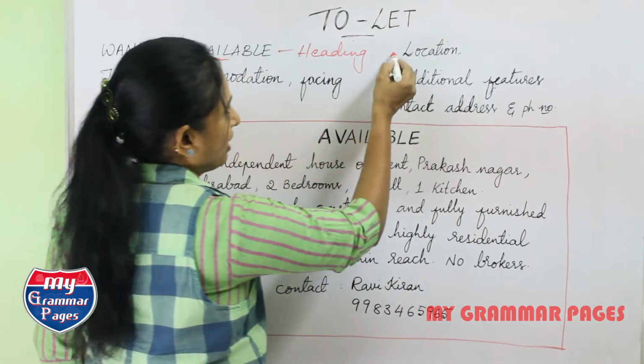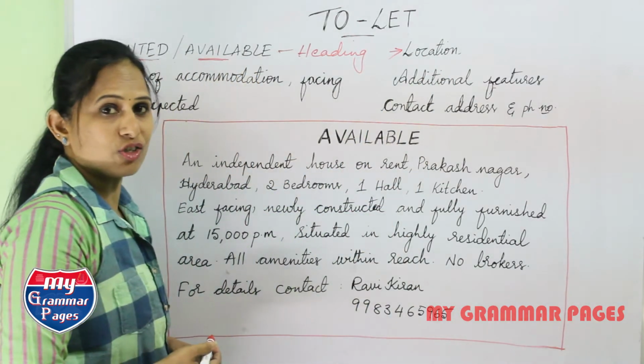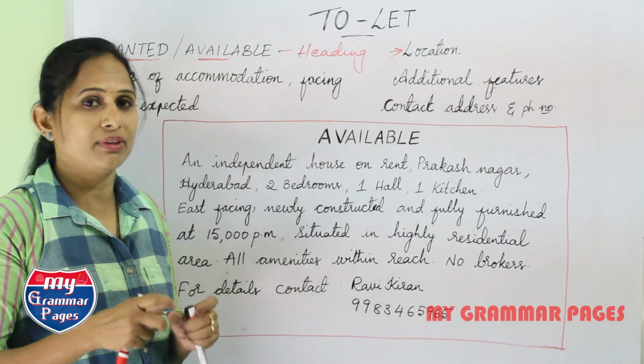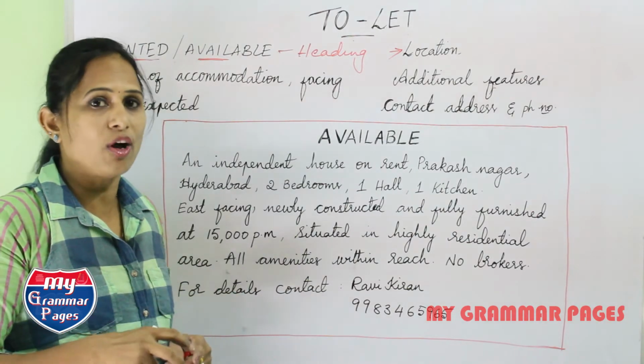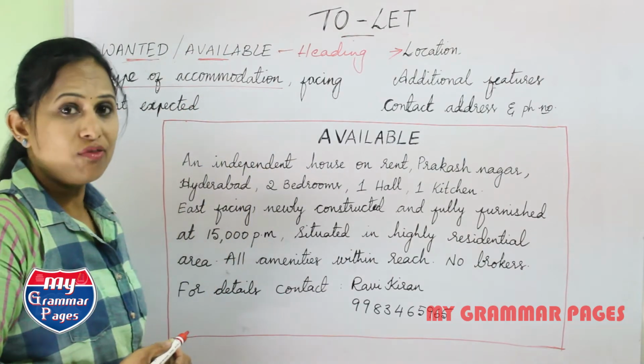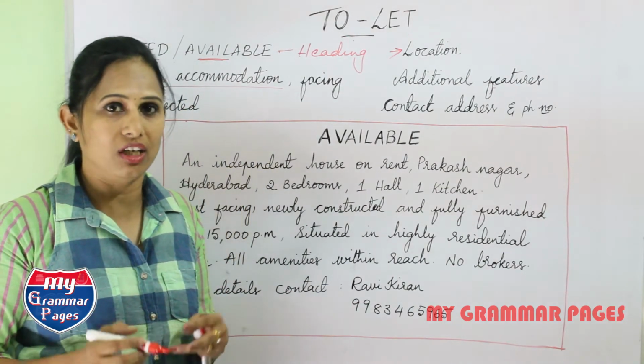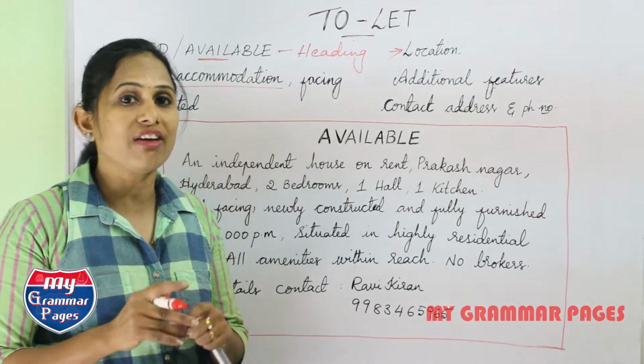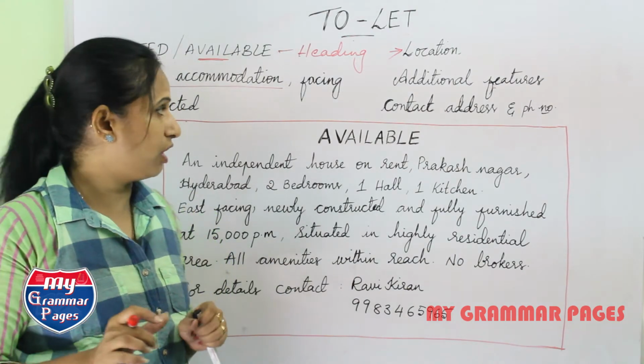Coming to the next point, the location. You need to share the location, which area that particular house or shop is located in, and the type of accommodation. If it is a shop or a commercial area, you need to mention even the square feet, the area of that.